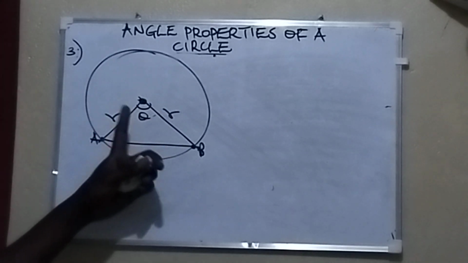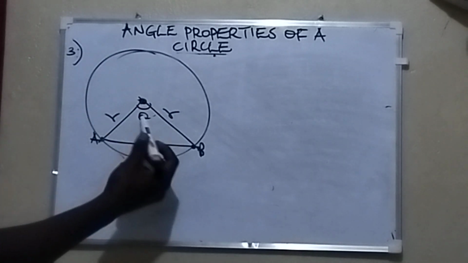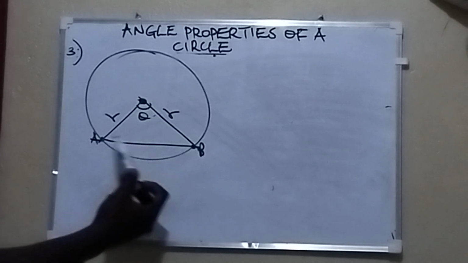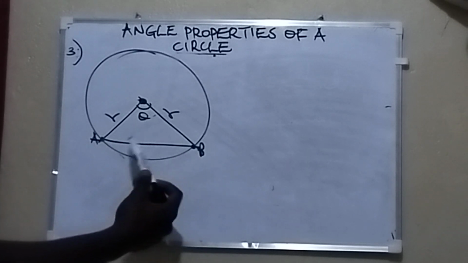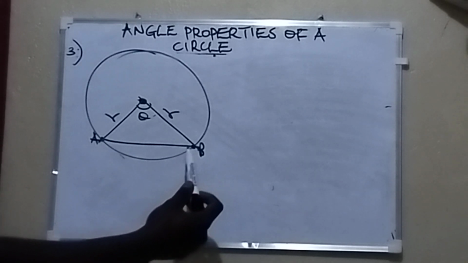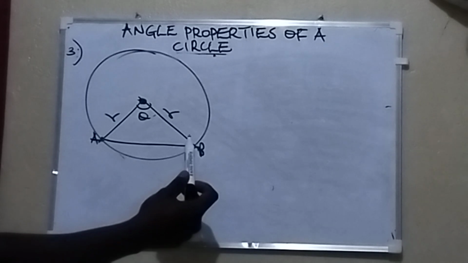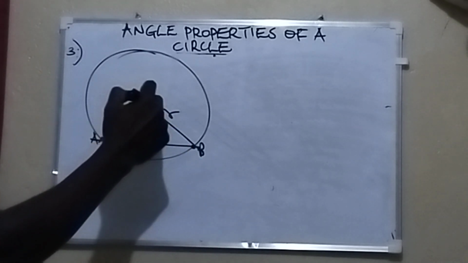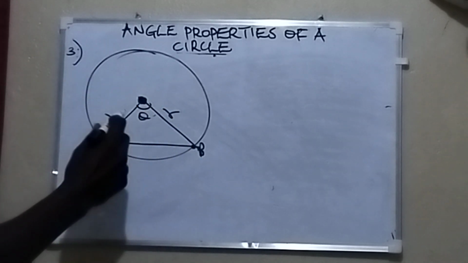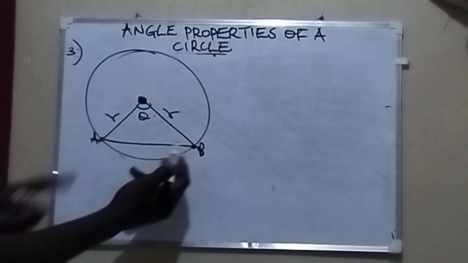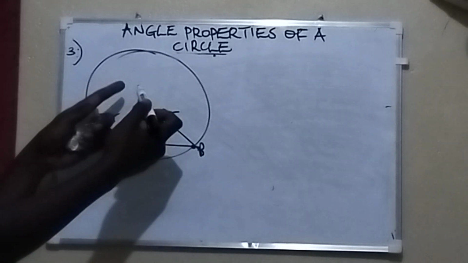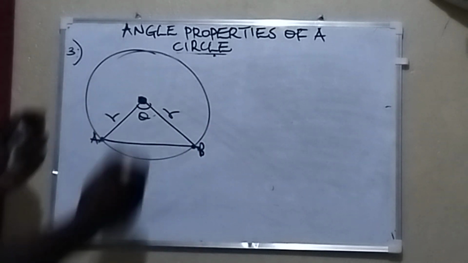Then you have this angle subtended by these two. We have the arc, then you have the chord at the center. So this angle is subtended by this chord at the center, or the arc at the center.